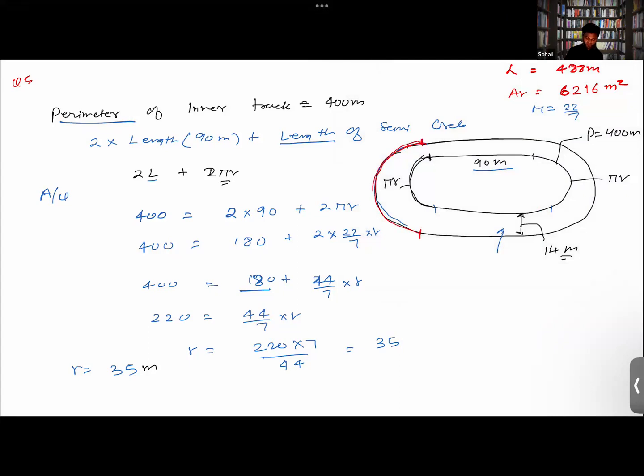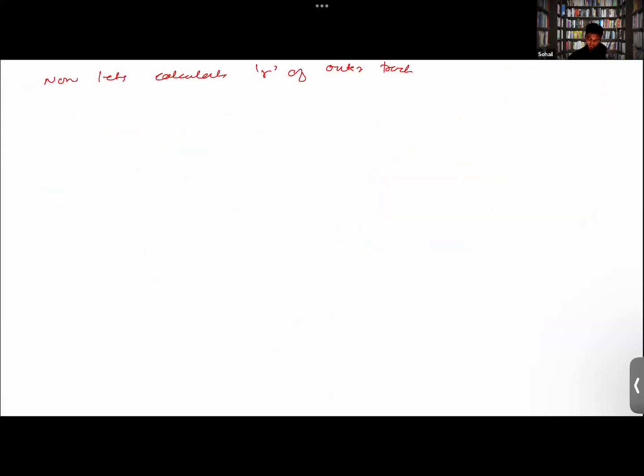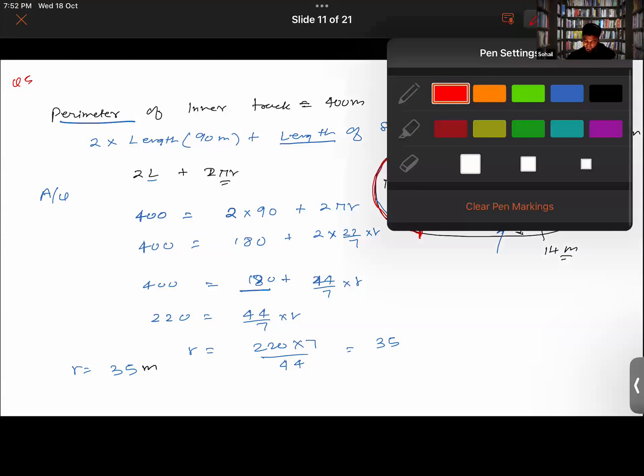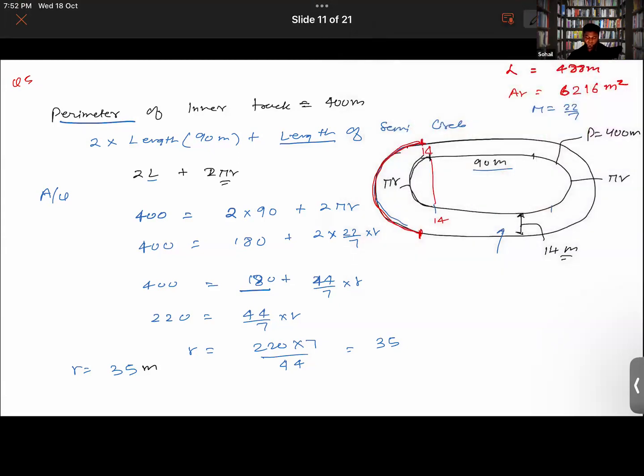अगर हम इसकी बात कर लेते हैं, this one, the bigger semicircle, its radius will not be equal to 14 here plus 14 here plus the radius of this one? Are you guys getting it, Ahmed, Arham? The radius of the bigger semicircle will be equal to 14 plus this 35.